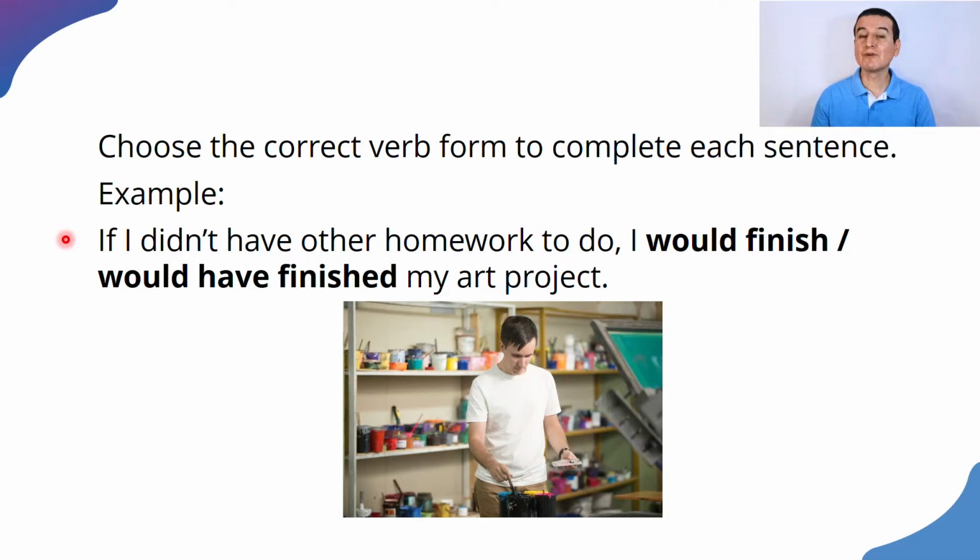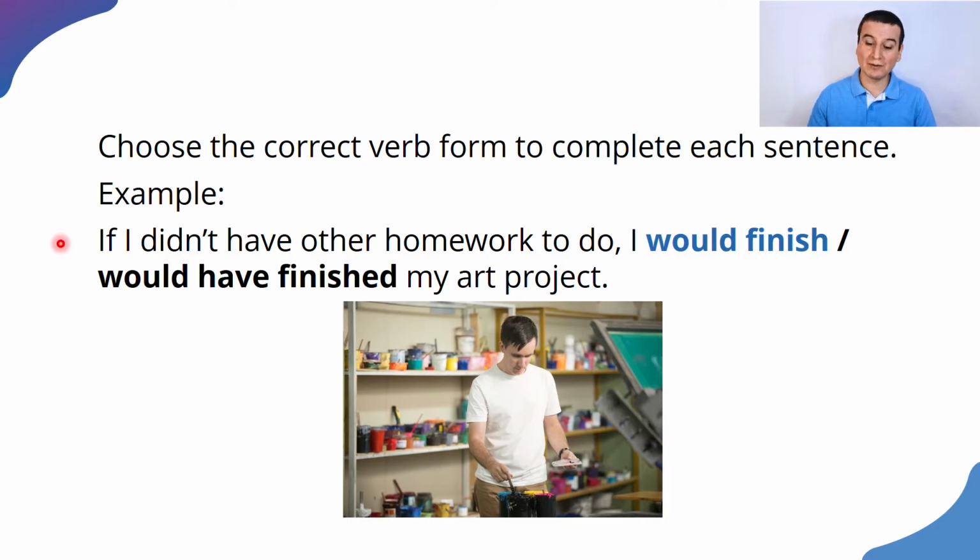We have to analyze the sentence, but one grammatical key is that they used the past simple for the condition, so it means that we are talking about the second conditional. So what really makes sense is to say, if I didn't have other homework to do, I would finish my art project. So it is kind of impossible, but it's still doable.